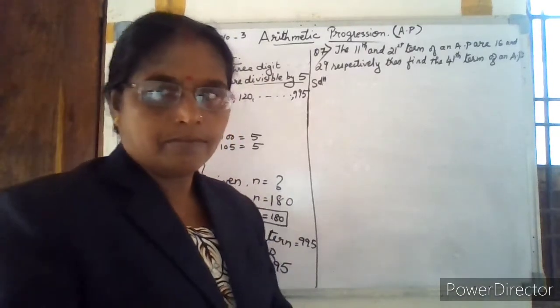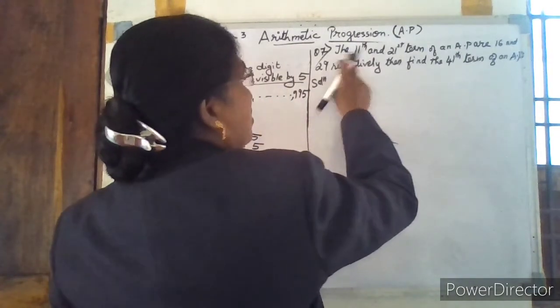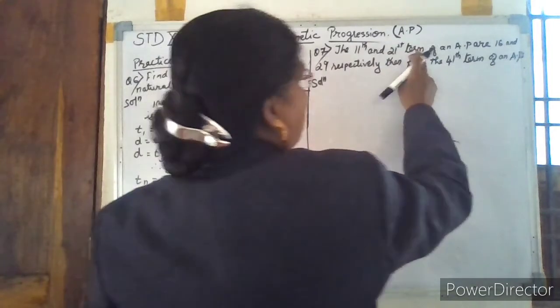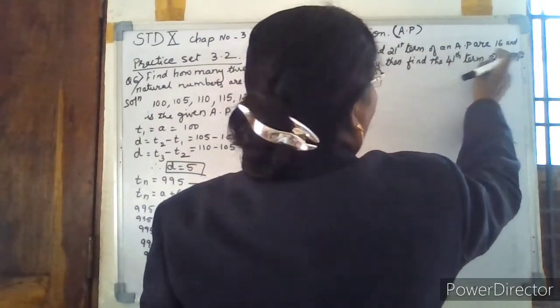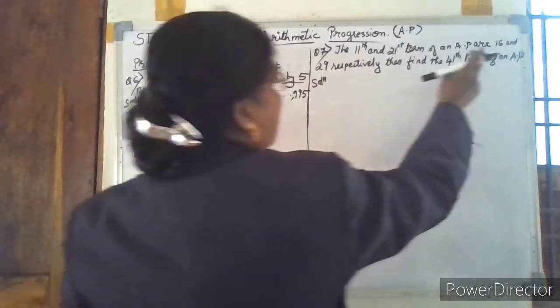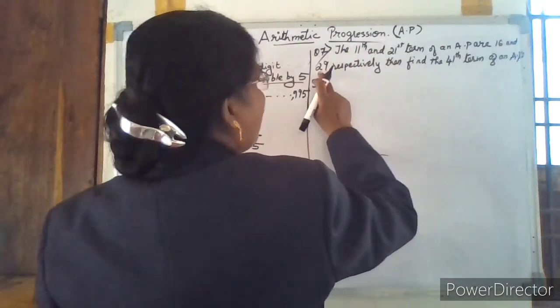Now let us solve the 7th question. The question is: the 11th and 21st terms of an AP are 16 and 29 respectively.